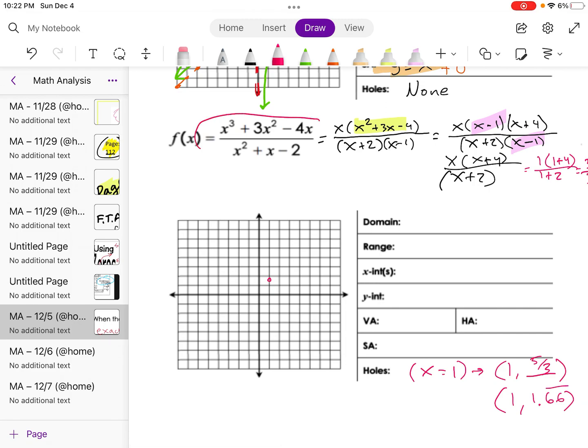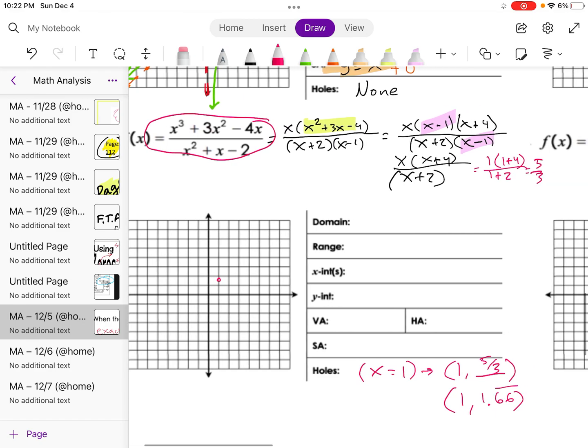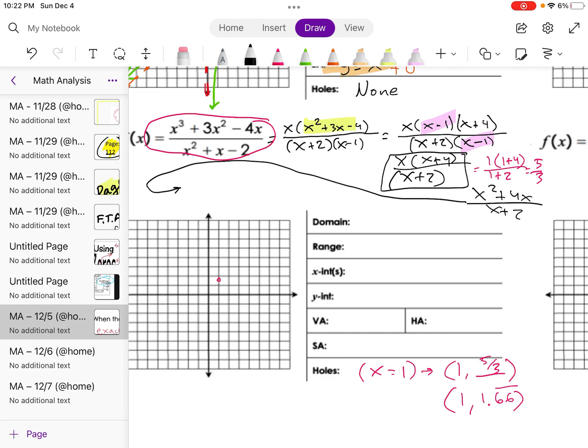Okay, let's do our slant asymptote. I'm going to do it with, let's see, long division, this piece. I can do it actually with this one, because this one is actually x squared plus 4x over x plus 2. So watch this.